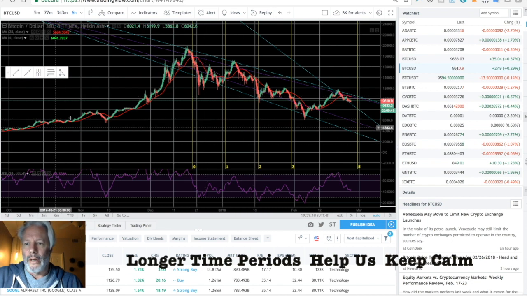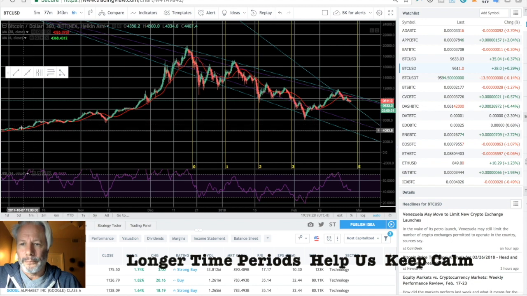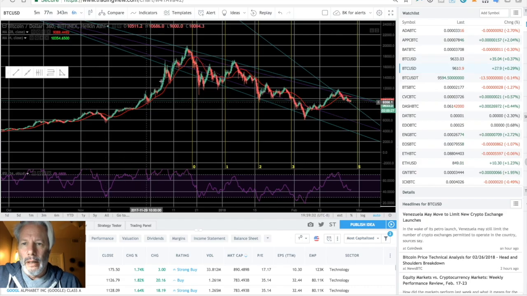I've got this red trend line set up on a weekly basis, so this is kind of overall during the week what the trend looked like. And again, the candle that you're seeing there is 6 hours.